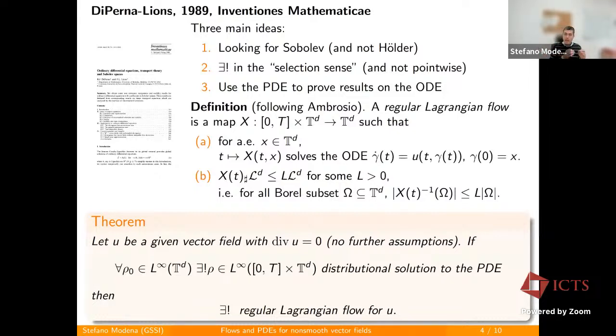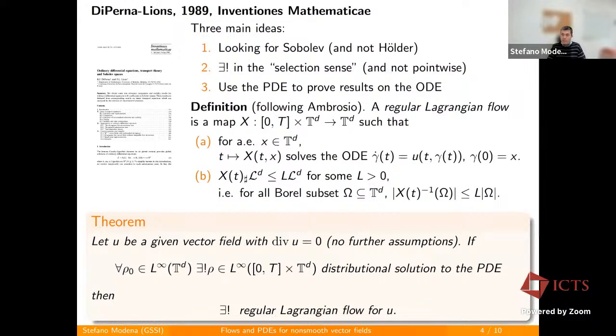More precisely, if you have existence and uniqueness in L infinity for the PDE, then you have existence and uniqueness for the regular Lagrangian flow. Once again, this is not saying anything on pointwise existence and uniqueness of characteristics. It's just claiming existence and uniqueness of this selection map, this regular Lagrangian flow. But if you have something at the level of the PDE, this implies something at the level of the ODE.